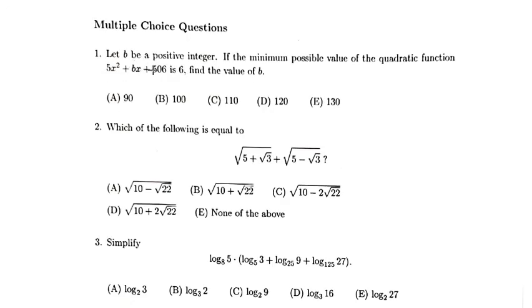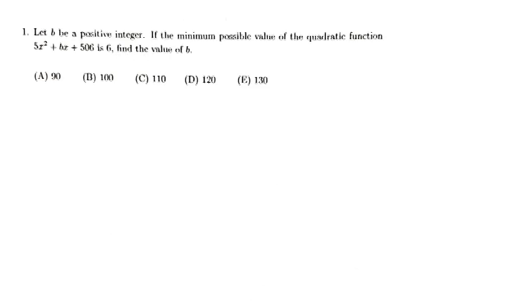Problem number one. Let b be a positive integer. If the minimum possible value of the quadratic function 5x squared plus bx plus 506 is 6, find the value of b.